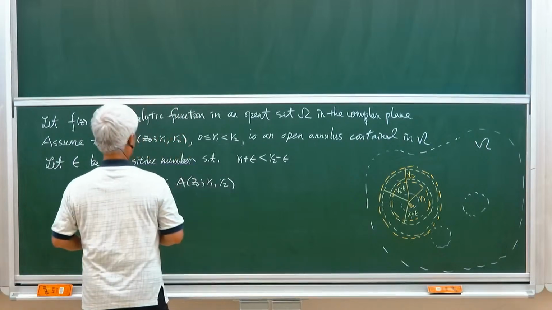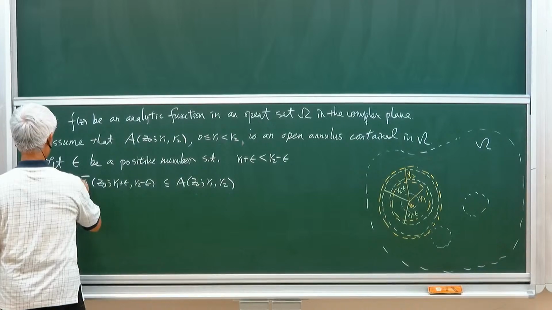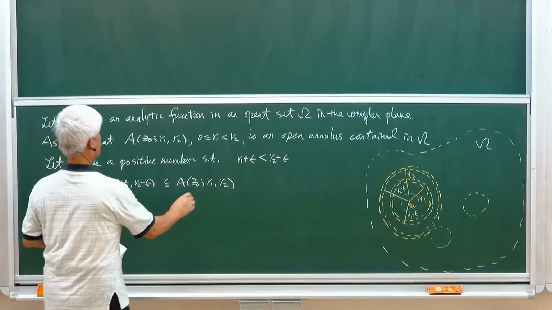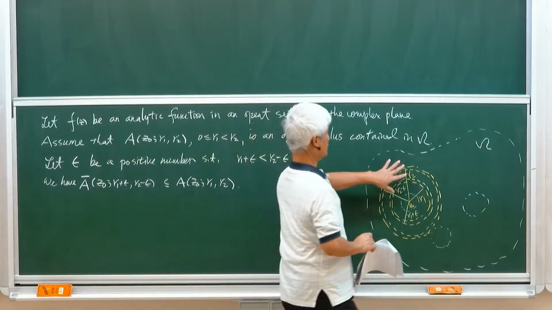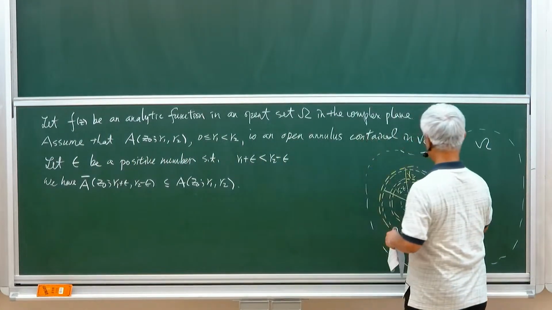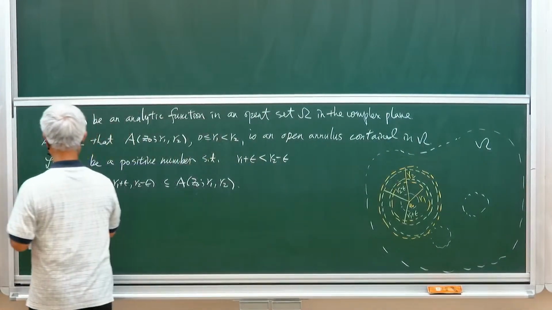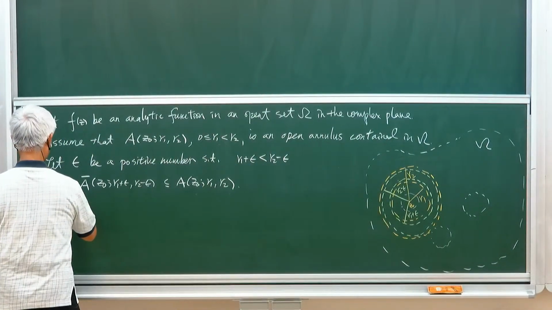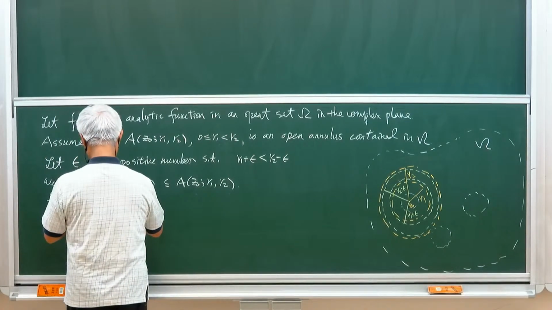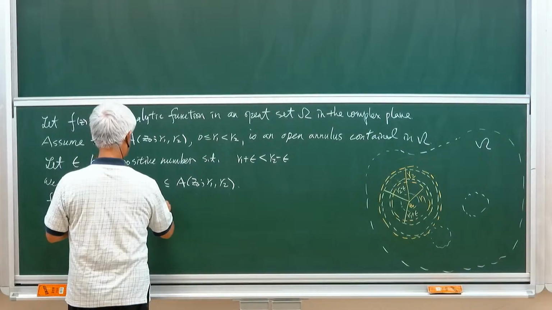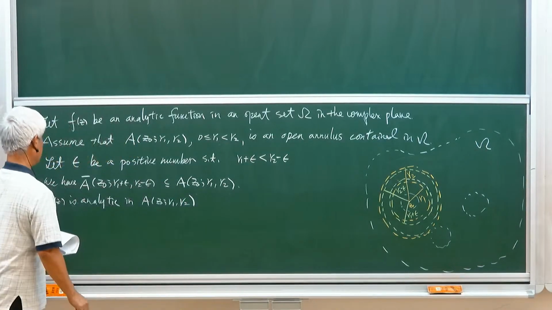Because f of z is analytic in omega, f of z is analytic in the yellow open annulus here.